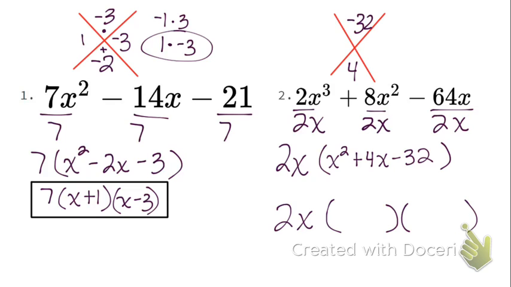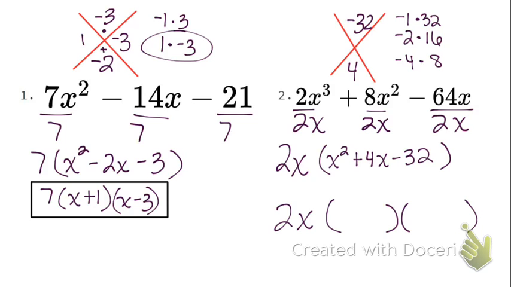So if we look at our factor pairs, we would make our smaller factor the -1 so that our bigger factor would be the +1... -4 and 8. I think that's all of them.